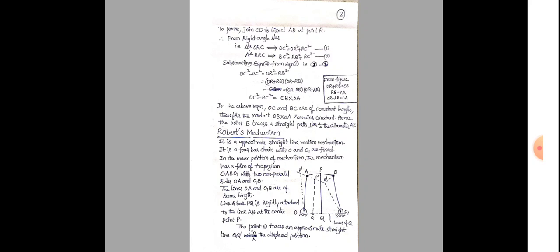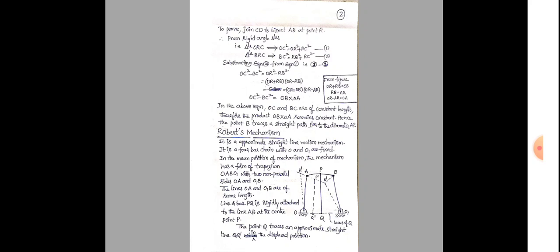Now another right angle triangle, that is BRC, is one more right angle triangle. These two are right angle triangles. So from the right angle triangle BRC, once again the square of the hypotenuse, which in this triangle is BC. So BC square is equal to the sum of the squares of the opposite side plus adjacent side, that is RB square plus RC square.